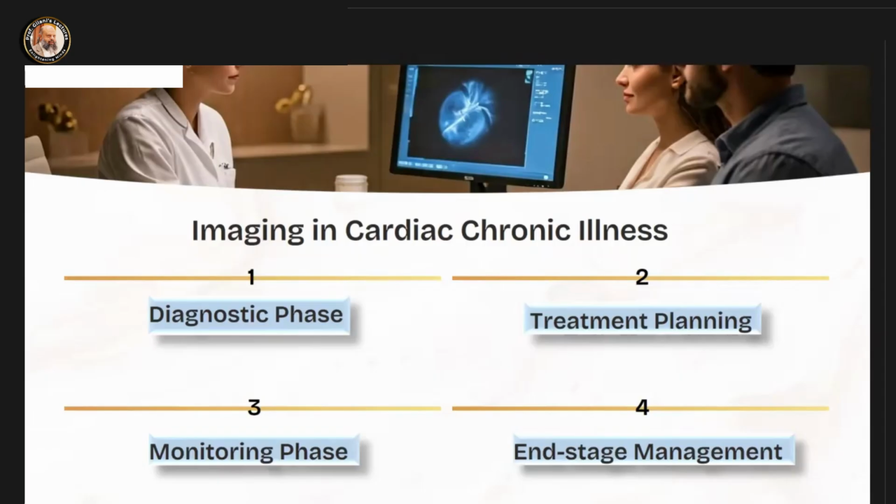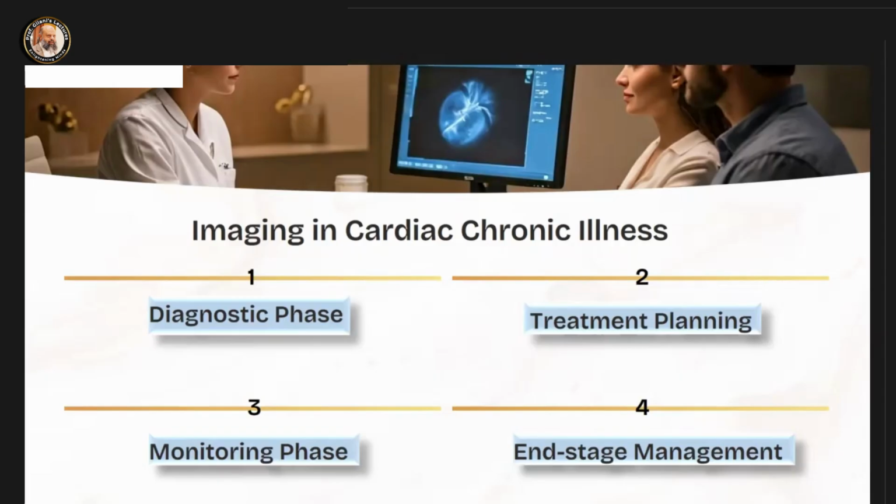The treatment planning. For treatment planning, the advanced imaging guides interventional decisions, with nurses facilitating family consultation, where cardiologists use visual aids to explain planned procedures. The monitoring phase is also very important.